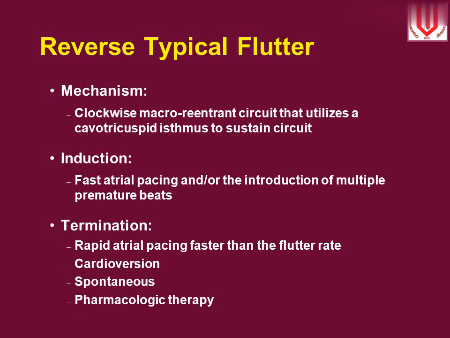Cardioversion, spontaneous, pharmacologic therapy. As the name implies, with this flutter the macro reentrant circuit is clockwise. Pacing techniques for induction and termination of this arrhythmia are similar to those used in counterclockwise flutter. Treatment is similar to that discussed with counterclockwise flutter.